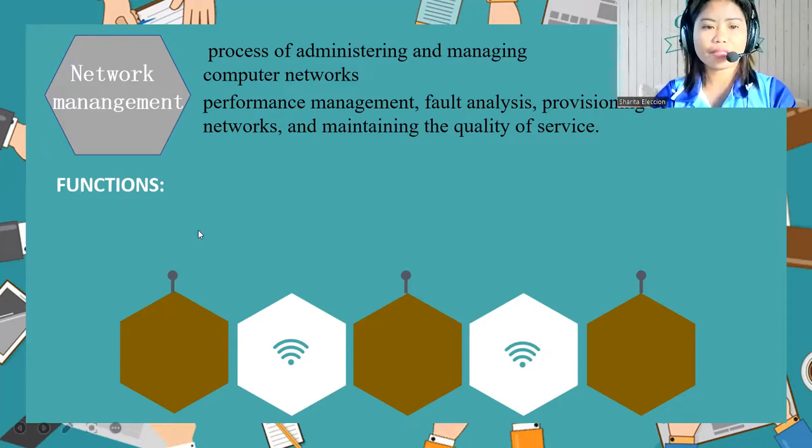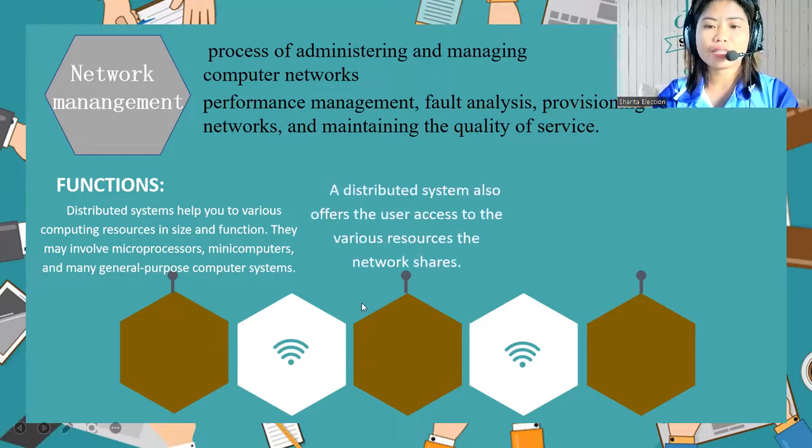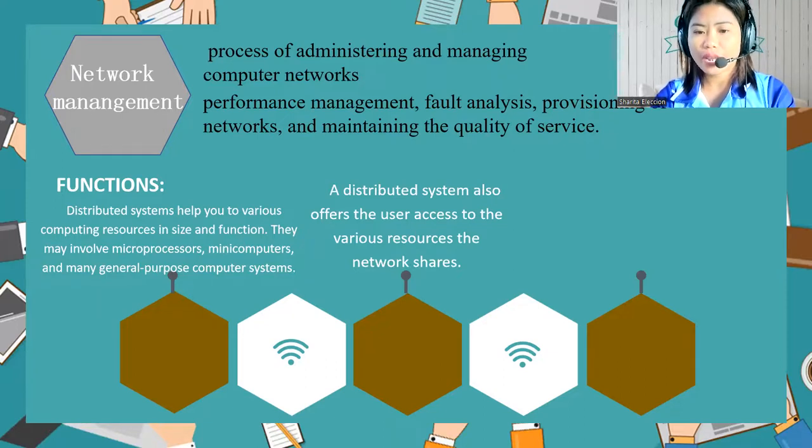So we have here the functions of network management. Distributed systems help you with various computing resources in size and functions. They may involve microprocessors, many computers, and many general purpose computers, so they are connected with your networks. The next one is a distributed system also offers the user access to the various resources the network shares.